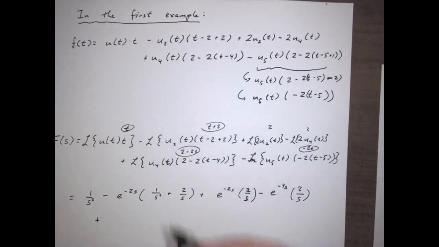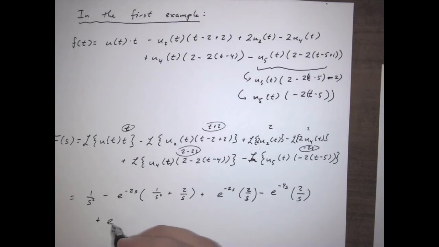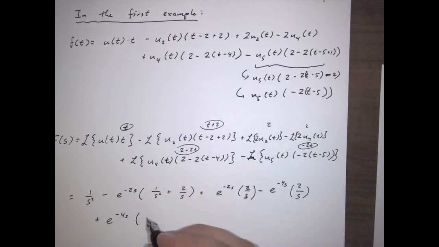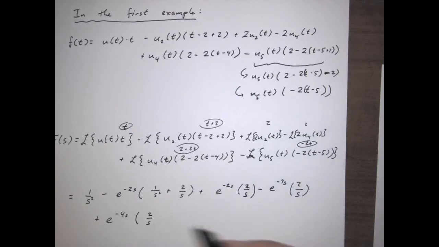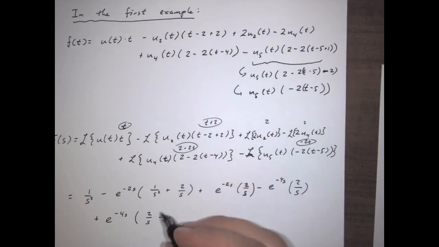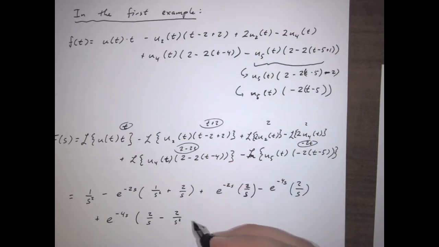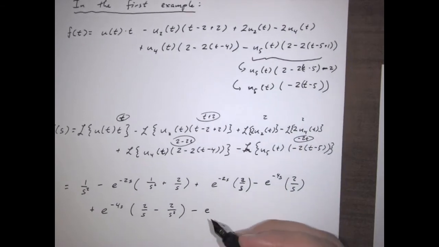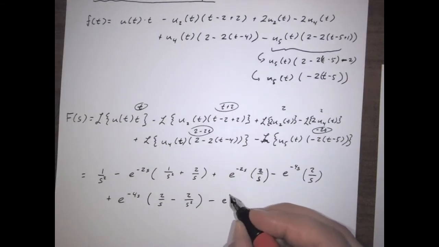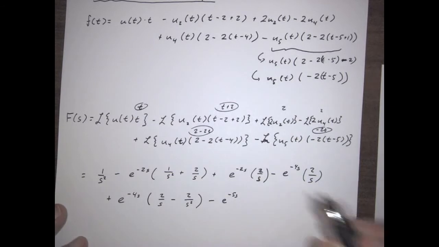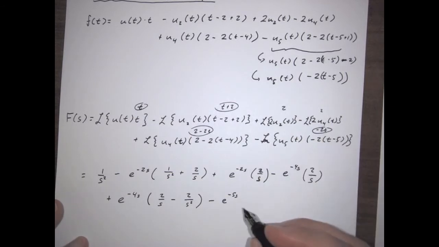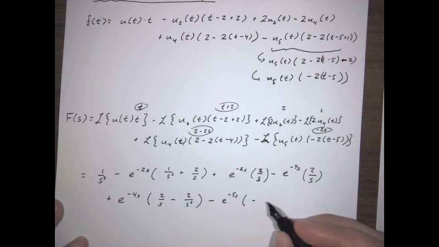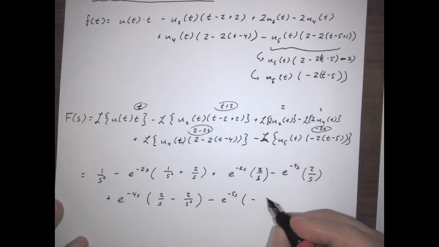And then plus on the next one down, e to the minus 4s times 2 over s minus 2t, 2 over s squared. And then the last one here is going to be minus e to the minus 5s, and then that's going to be minus 2t, so minus 2 over s squared.